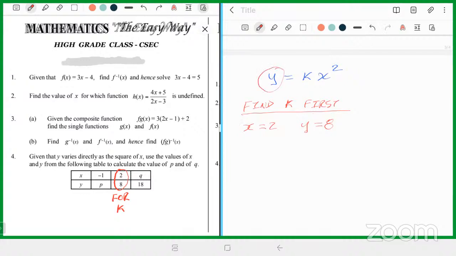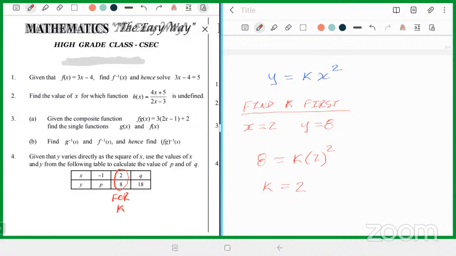The y value is 8, so you're going to get 8 equals k times the x value, 2. So you're going to put 2 squared there, so it's k times 2 squared. This 2 squared is 4. And 8 over 4 is 2, or you consider 2 times 4 is equal to 8. So any way you want to look at it, k is equal to 2.